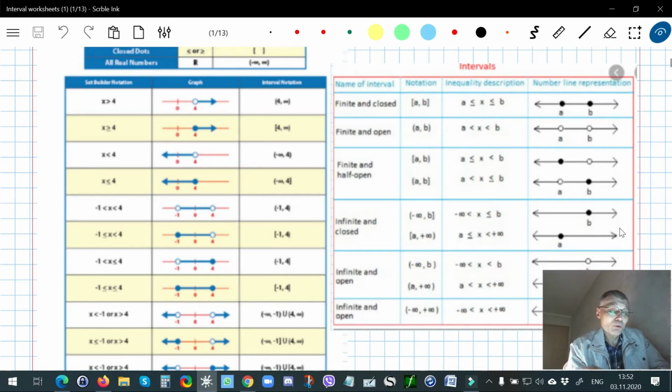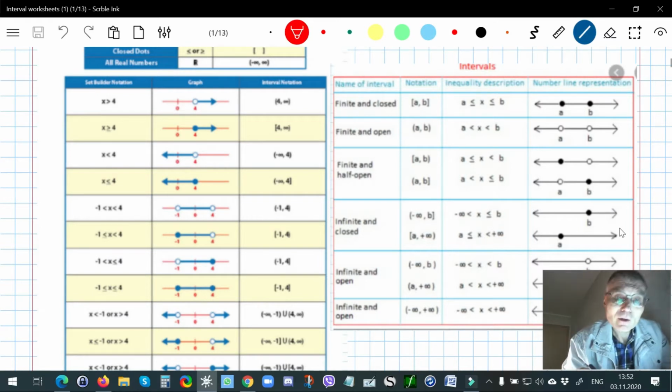It's just, well, when you have a number line, and on this number line you draw. Let me adjust a little.